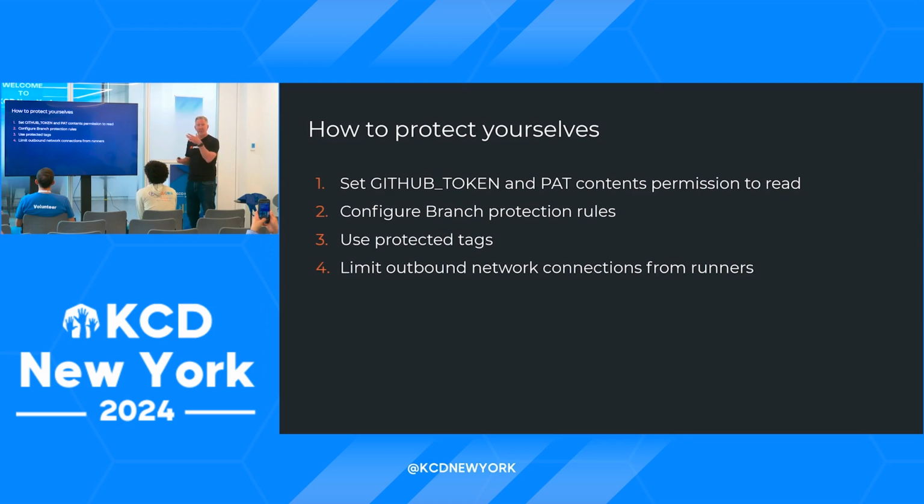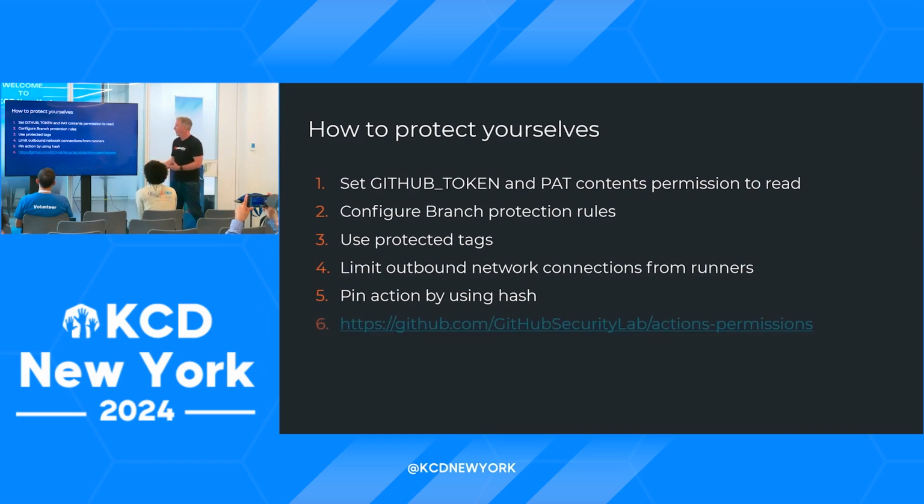So we are also reaching out, and they were not protecting that. They were not pinning the actions using a hash. They were using a version number. So if you do all of these things, then none of these attacks will work. But unfortunately, many repositories in that top 10,000 don't do these things.